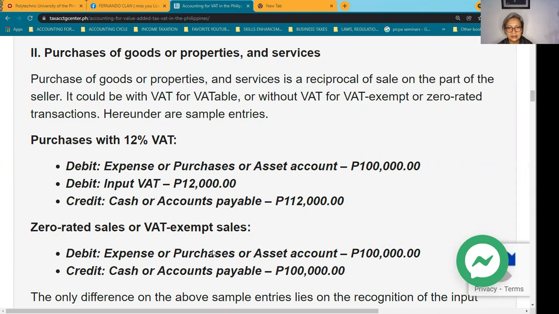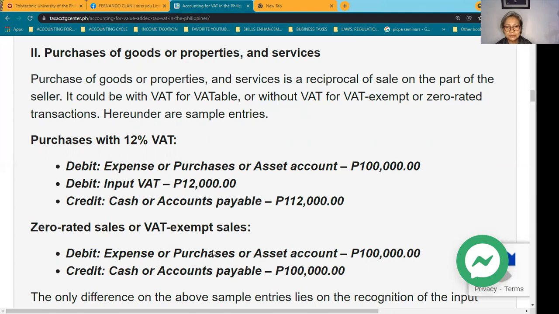Kung purchases yan, merchandise yan, you debit purchases. If equipment yan, you debit equipment. So, debit mo yung expense, purchases, or asset account by 100,000, and you debit also the input VAT. Nagiging part ng cost yun.